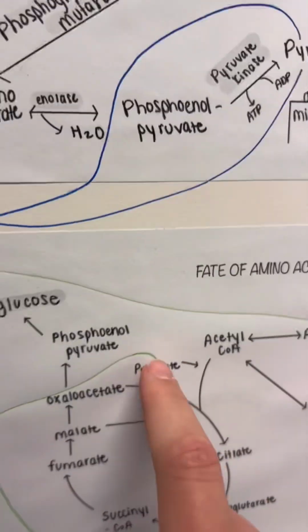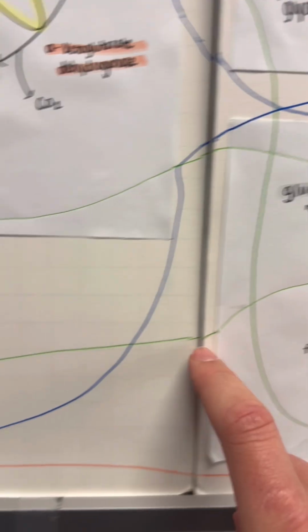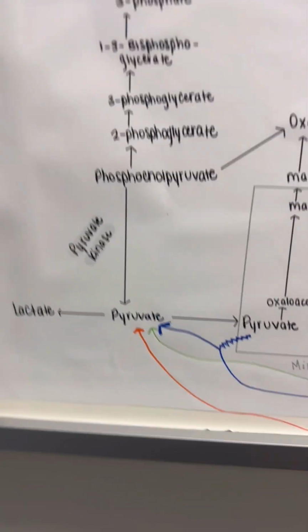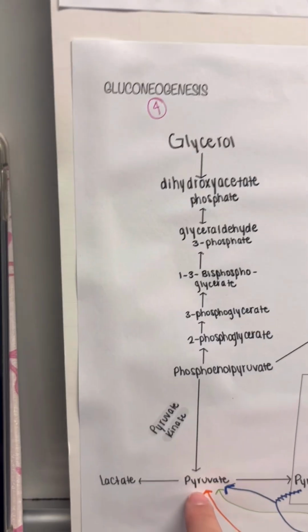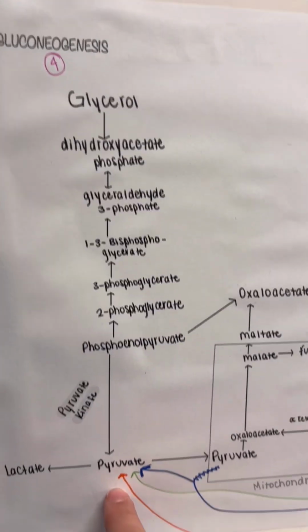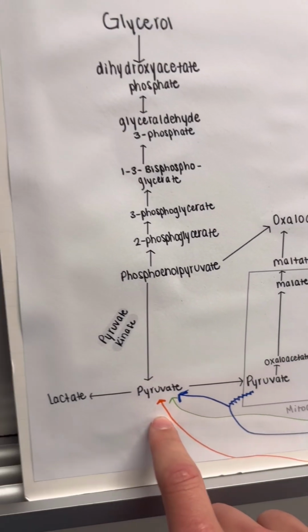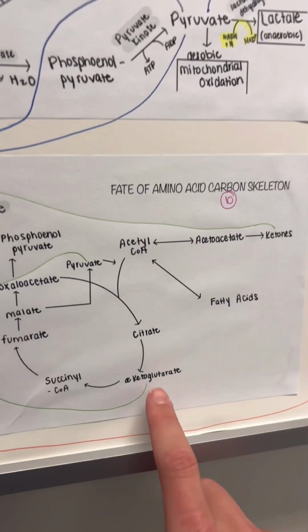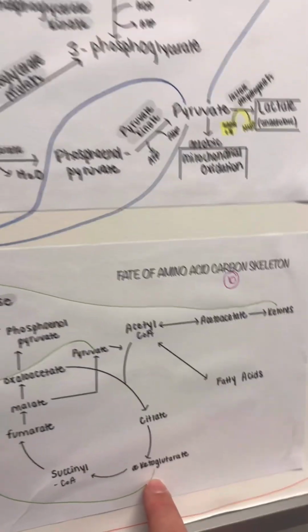And then we're going to follow the pyruvate, the green arrow, all the way over here, again into gluconeogenesis, and that is the glucogenic pathway. And then we have this here.